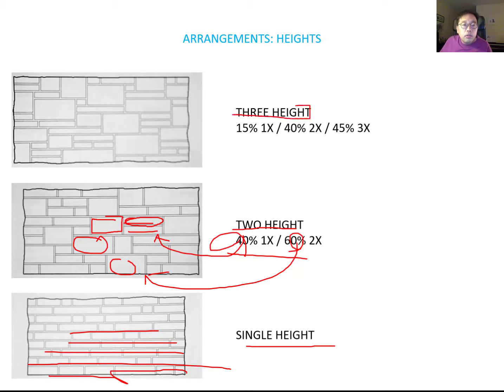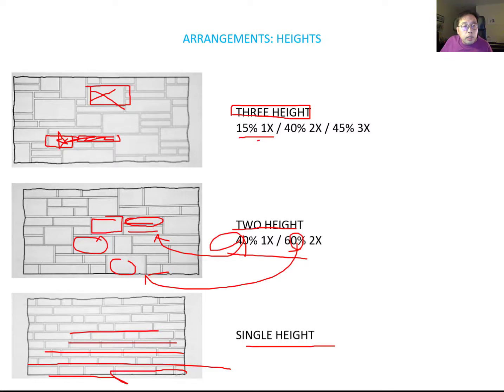You can also find three heights. In this case, you can find the triple height space, the double height space here, and the single height space. You can see the arrangement.